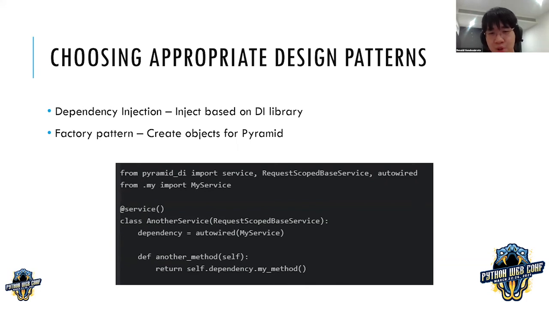In this example, we're importing things such as service and request scope-based service out of wired, and then we can have a class for, say, another service that takes request scope-based services as an argument, takes the dependency, and returns based on the dependency, so that we conduct dependency injection in that scenario.